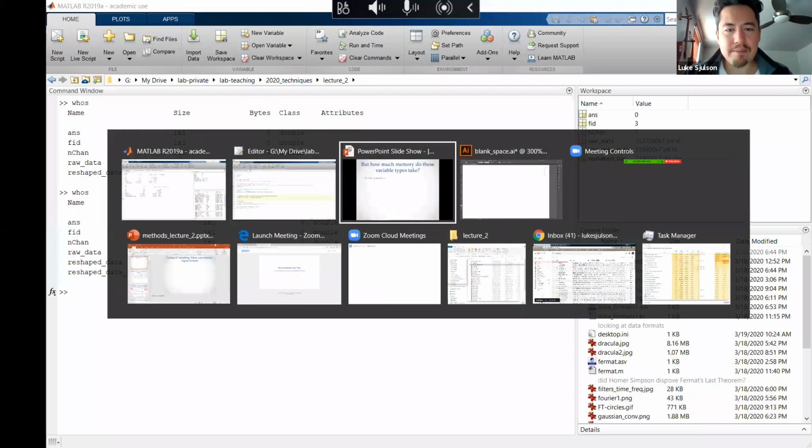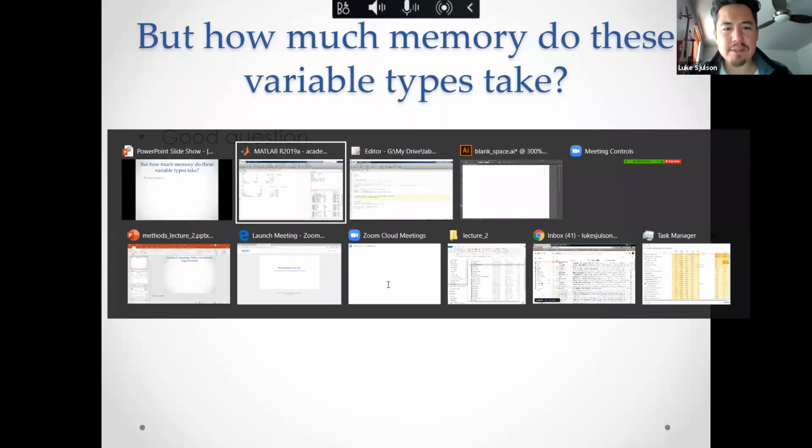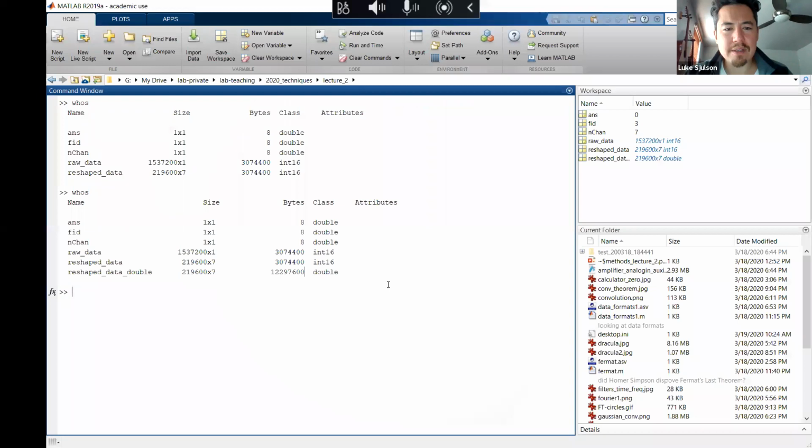So how much memory do variable types take? Eight times as much, is that right? Sorry, was that right? Four times as much, because it's an int16. If it was an int8, so imagine an image with 8 bits per pixel per color, then it's actually a factor of 8.